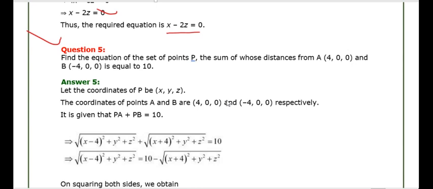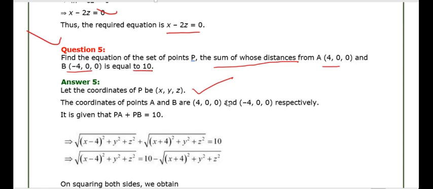Find the equation of set of point P whose sum of the distances from points A and B is equal to 10. Now, once again I want to find the equation. So, once again suppose point P, that is x, y, z.